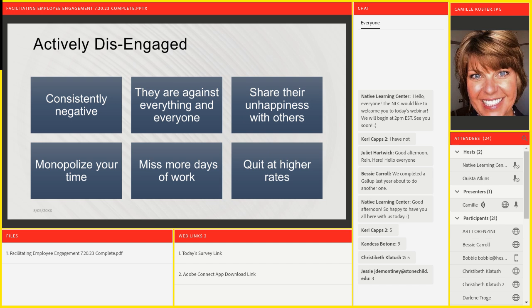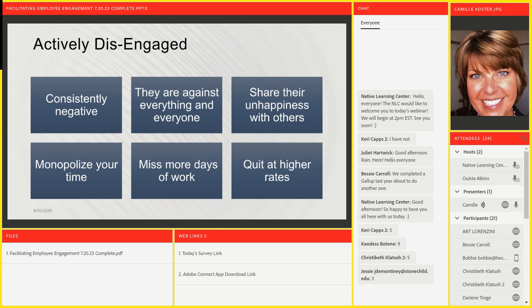When I work with organizations and really work through everything from change management to performance issues to teamwork and communication, this idea of actively disengaged employees comes up so many times because there's a lot of disruption that takes place with an actively disengaged employee. So the actively disengaged employees are pretty consistently negative, and they seem to be against everything and everyone.